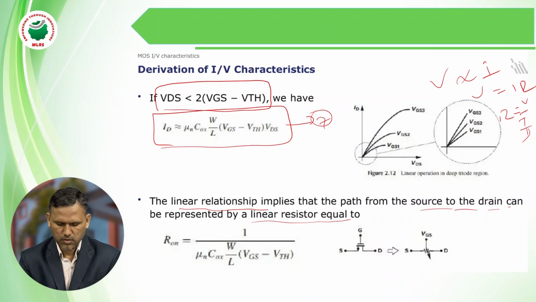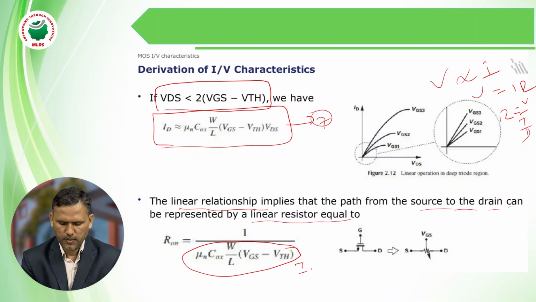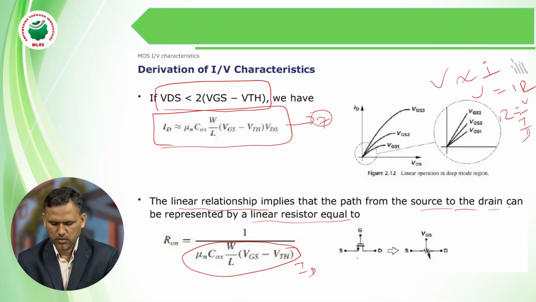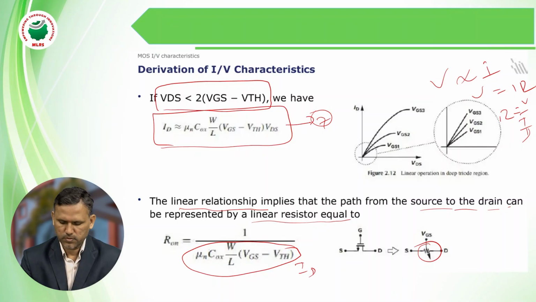Suppose V equal to 1, then you can observe this is nothing but ID. So you can represent it as source, gate, drain terminals. Here VGS and source to drain. So this acts as a resistance for the MOSFETs. So this is equation 8.